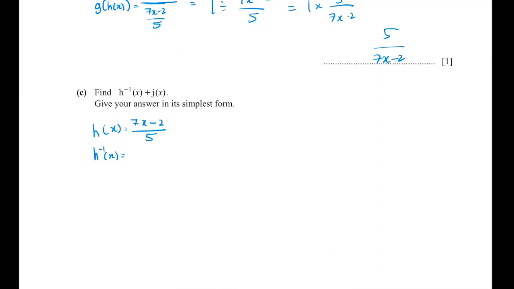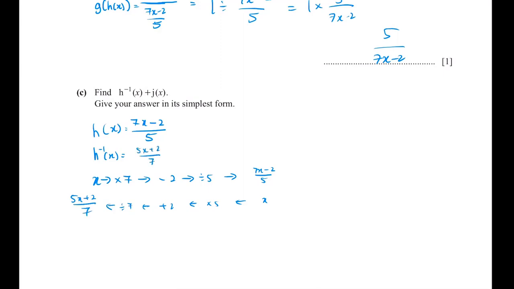So now I will use the mapping system whereby what happens to x? Multiply by 7, minus 2, divided by 5. Inverse it: multiply by 5, plus 2, divided by 7. 5x plus 2 over 7. So this is my inverse.